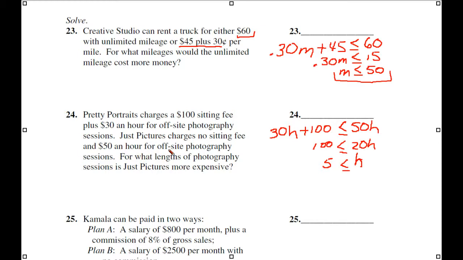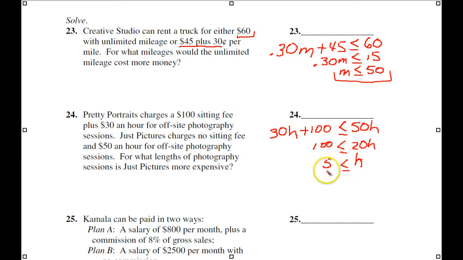Which is the better deal, and where does it become better? Well, it's $30 an hour plus $100 as compared to $50 an hour. Well, you solve it by subtracting 30h from both sides. You get 20h is greater than or equal to 100. You get this, h is greater than or equal to 5.